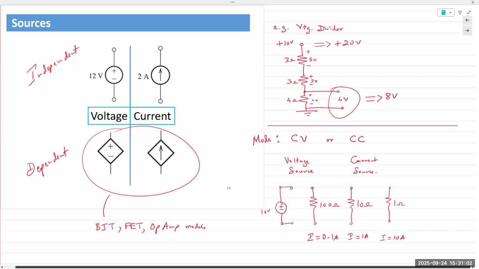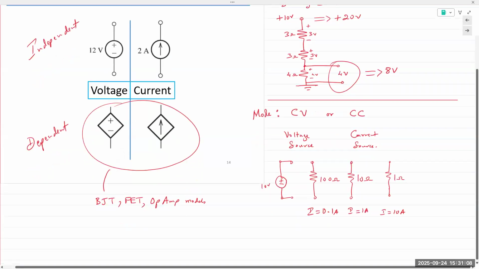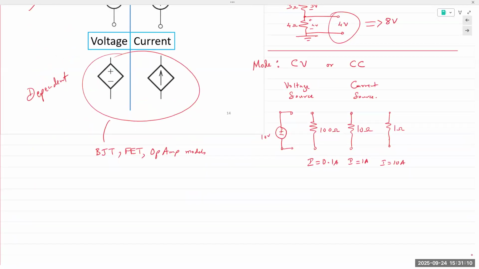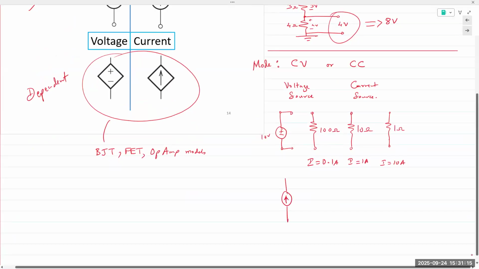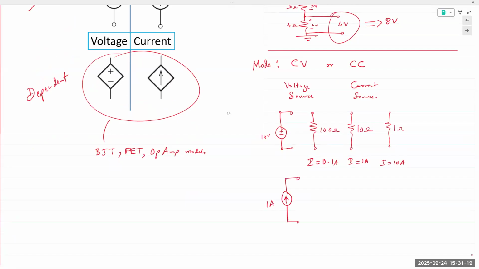Same thing for a current source. A current source will supply its rated current. I'll leave that as an exercise for students. But you have a current source. Let's say it's 10 amps, and make it simple.